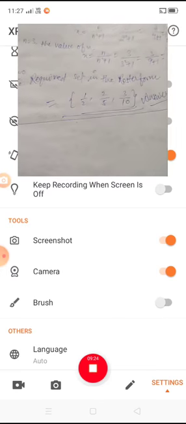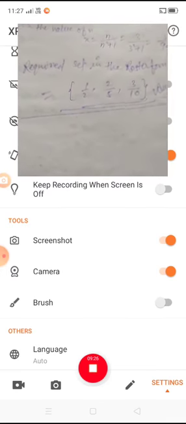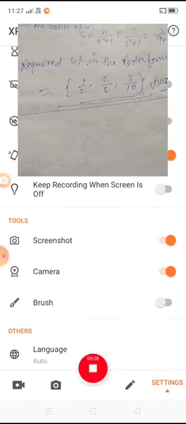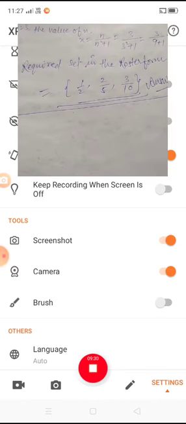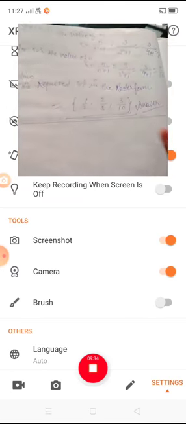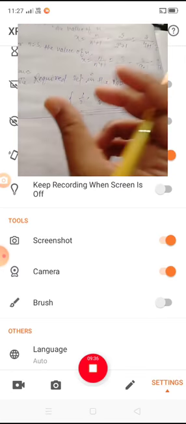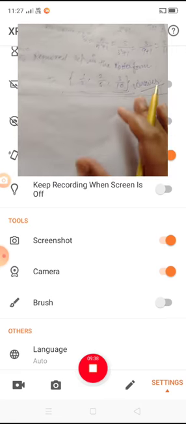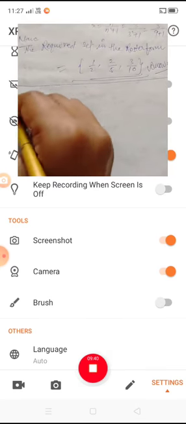Now we take some questions based on converting roster form into set builder form. Take an example.